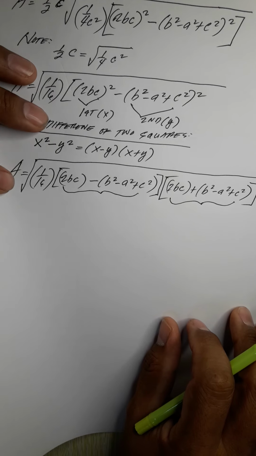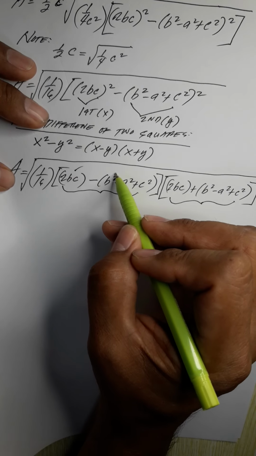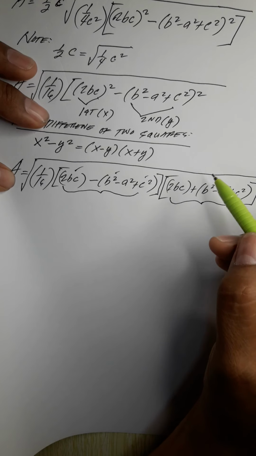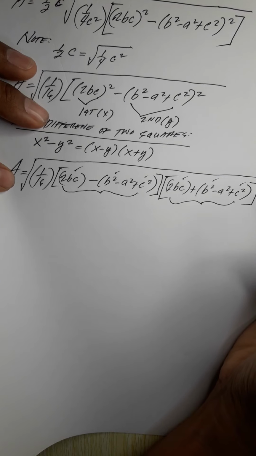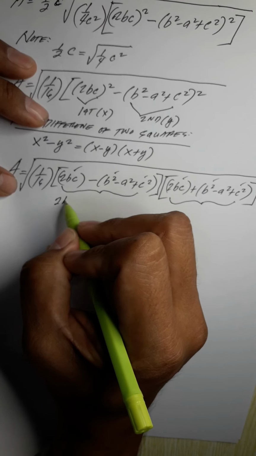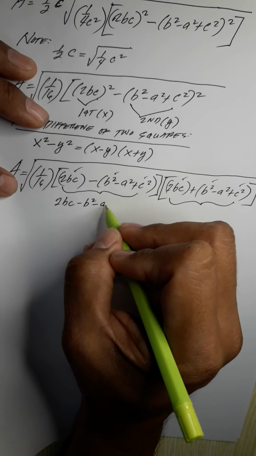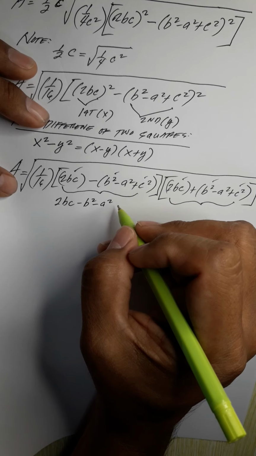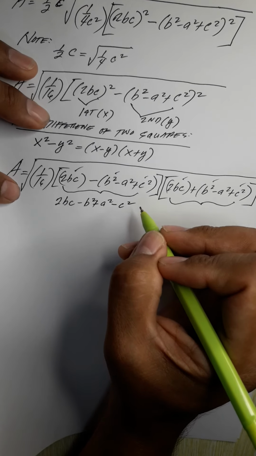So we notice that we can factor out B and C. Okay, so 2bc minus b squared minus a squared plus a squared minus c squared.